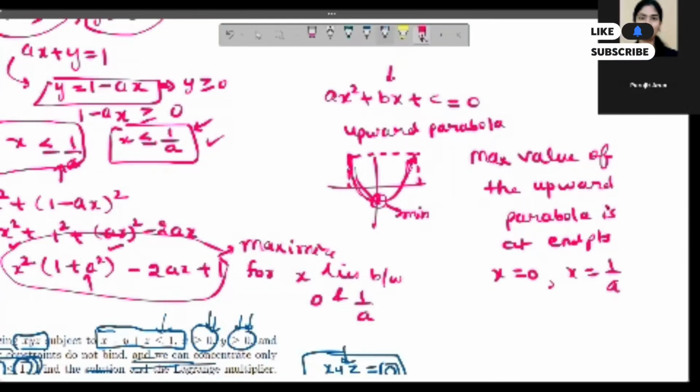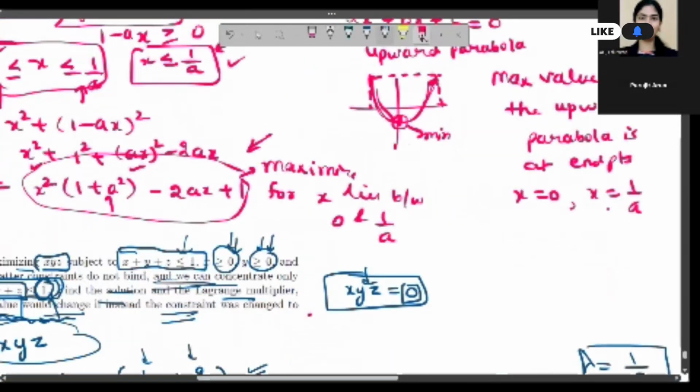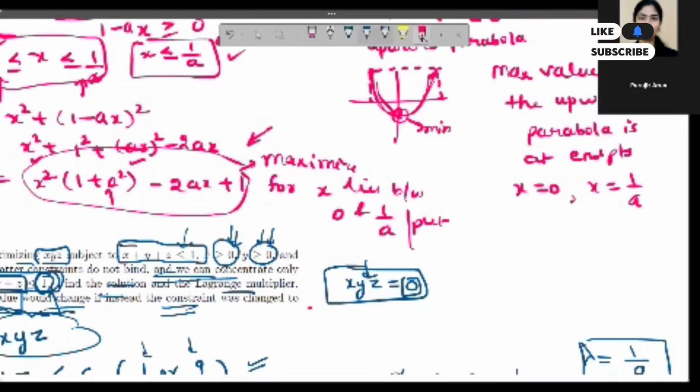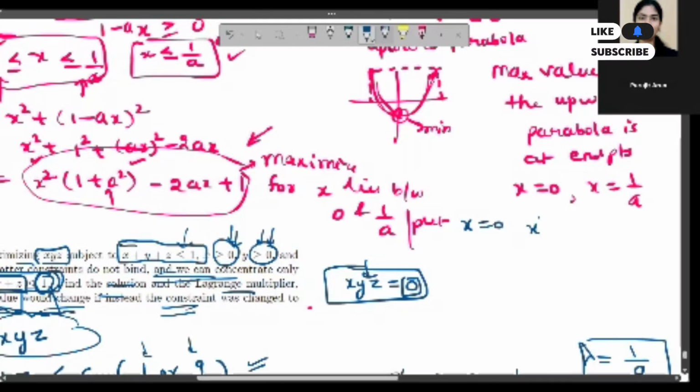So I need to check what it will give me as y if I substitute x as 0 and x as 1 by a. If I first substitute 0, it's going to be 1, ma'am. What is x square plus y square giving you? 1. Okay.